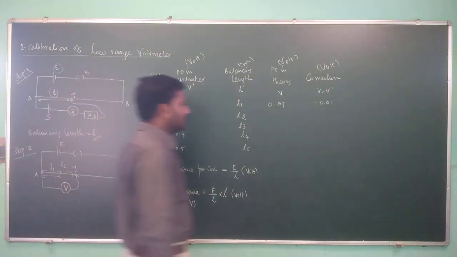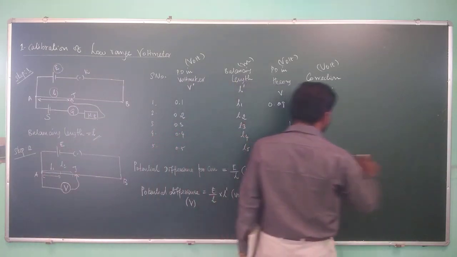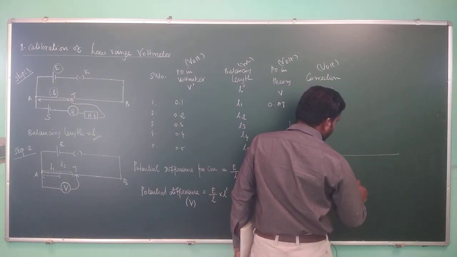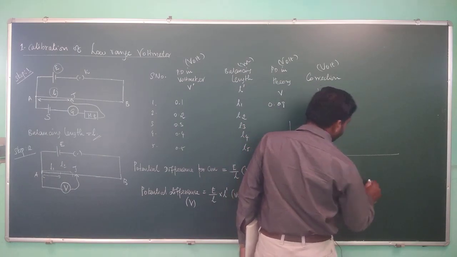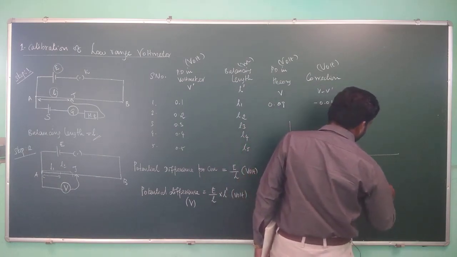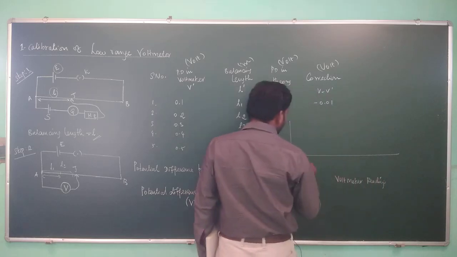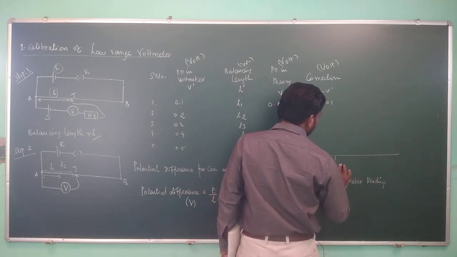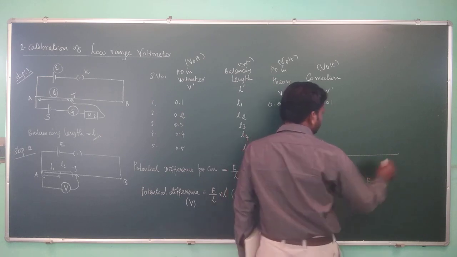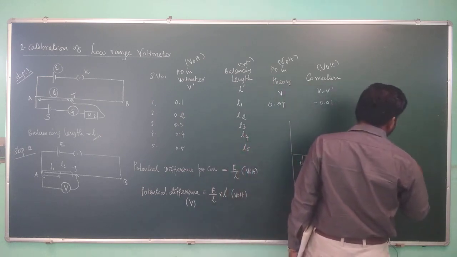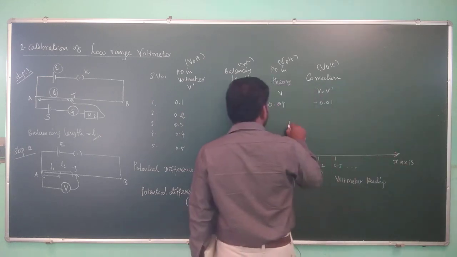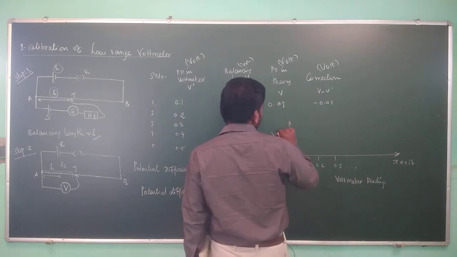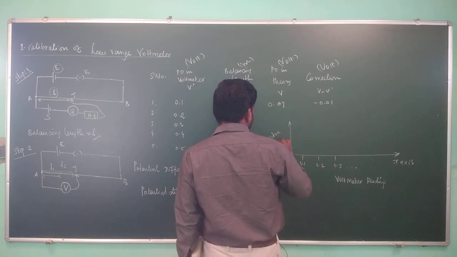Now we can draw the calibration graph like this. On the x-axis, the voltmeter reading: 0.1, 0.2, 0.3 and so on. On the y-axis we have the correction, that is V minus V prime.